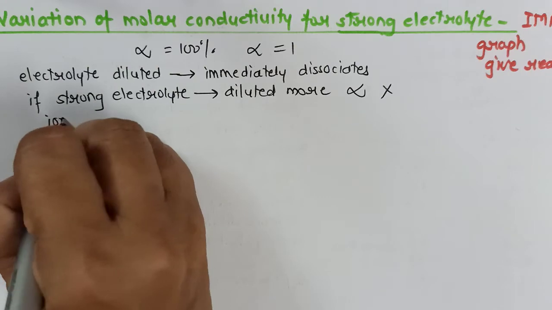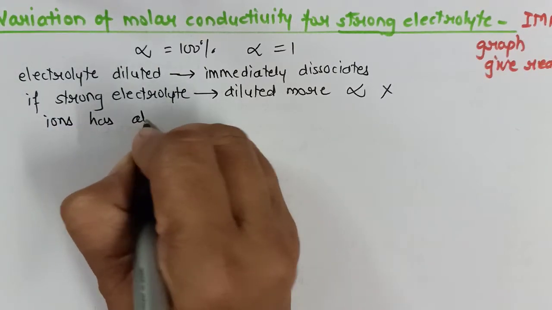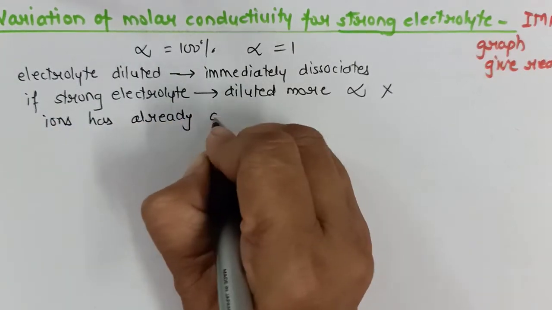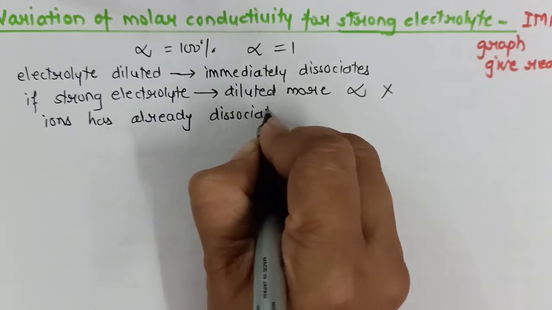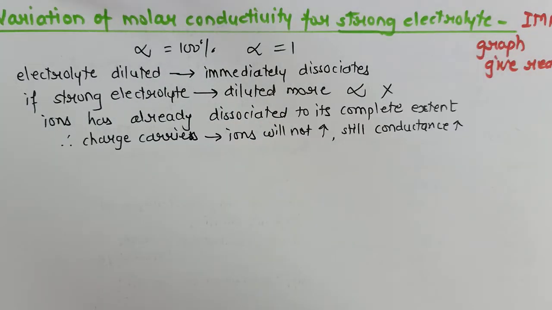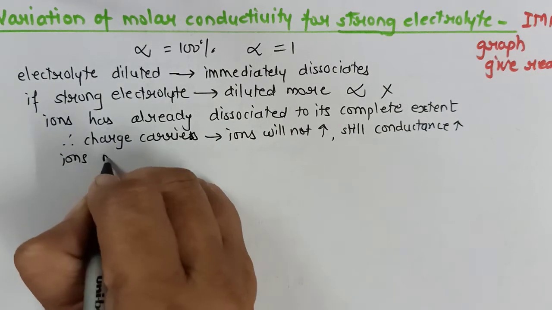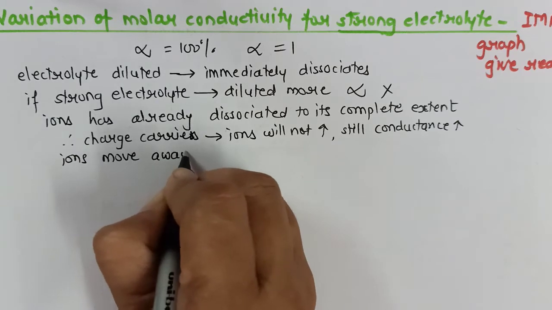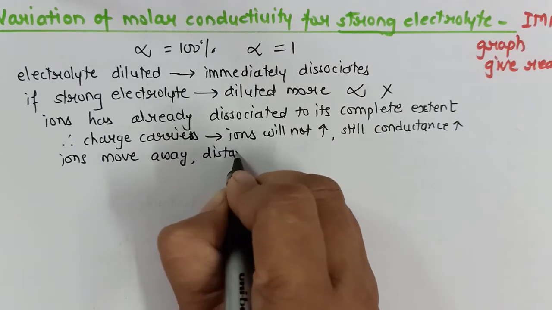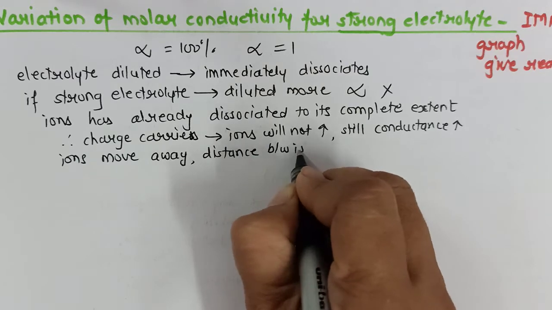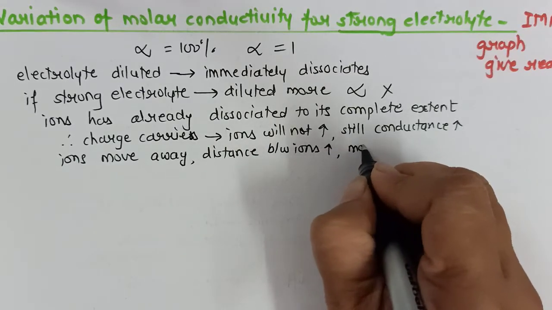Because the ions have already dissociated, so the number of ions is not going to change. These charge carrier ions have already dissociated and they will not dissociate more, but still the conductance increases. Why? Because on dilution the ions move away, the distance increases and the mobility increases.